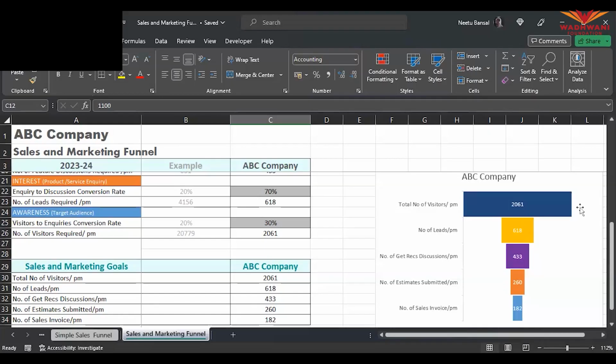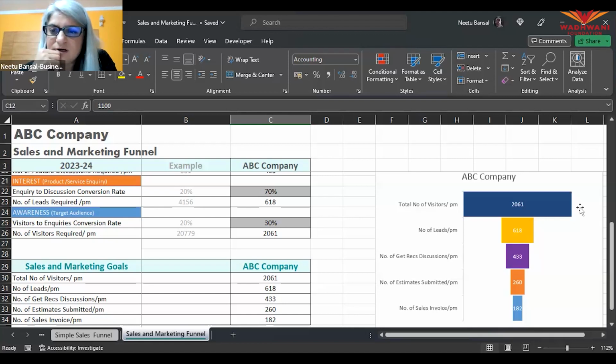Can you just give us a brief about an e-commerce funnel, especially when customers are coming from SEO and also from paid digital media? Okay, so the source of the visitors is not being captured specifically in this funnel, because that is somewhere on top of this.